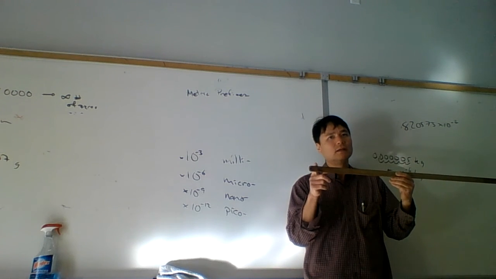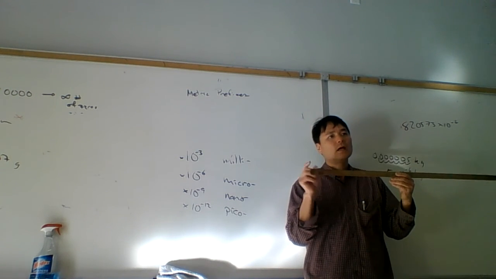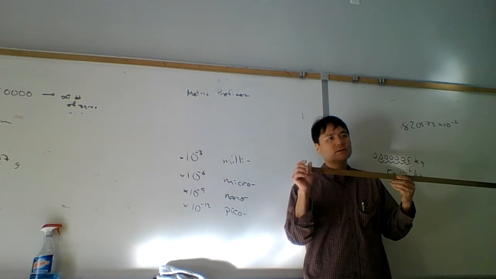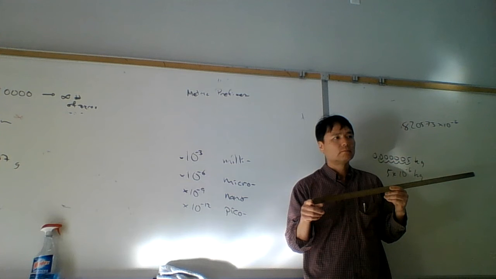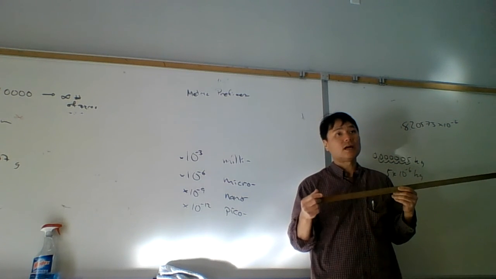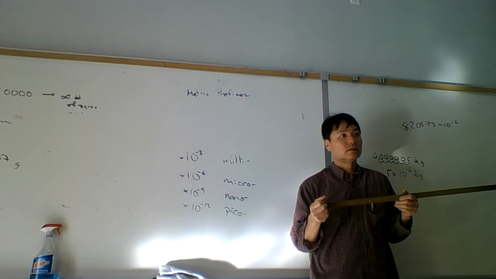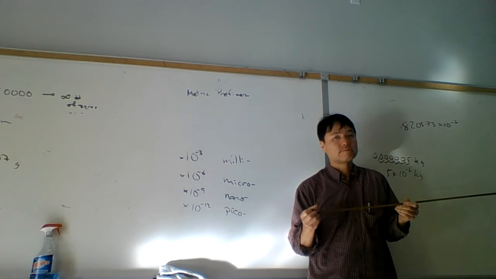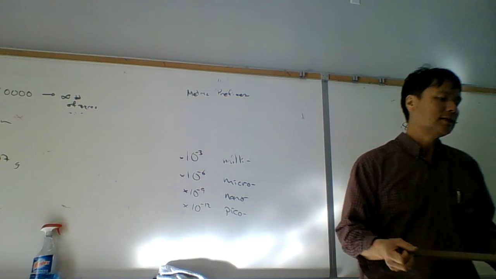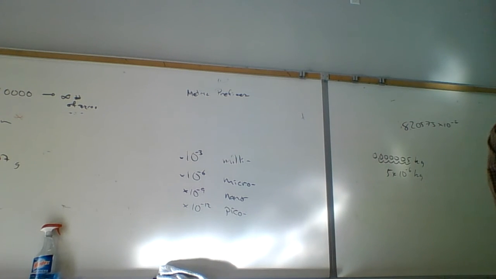Each piece would be a picometer. And then we take 100 of those picometers, and that's about the diameter of a what atom? 100 picometers is roughly the diameter of a hydrogen atom. You know, helium atom is about 60 plus picometers in diameter.